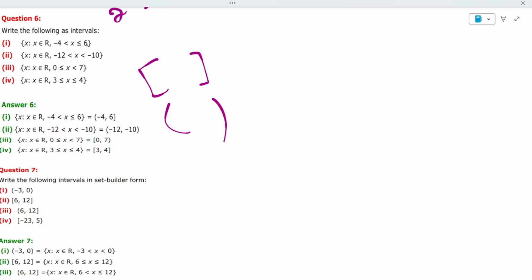We have to read this as x is less than or equal to 6, but greater than minus 4.